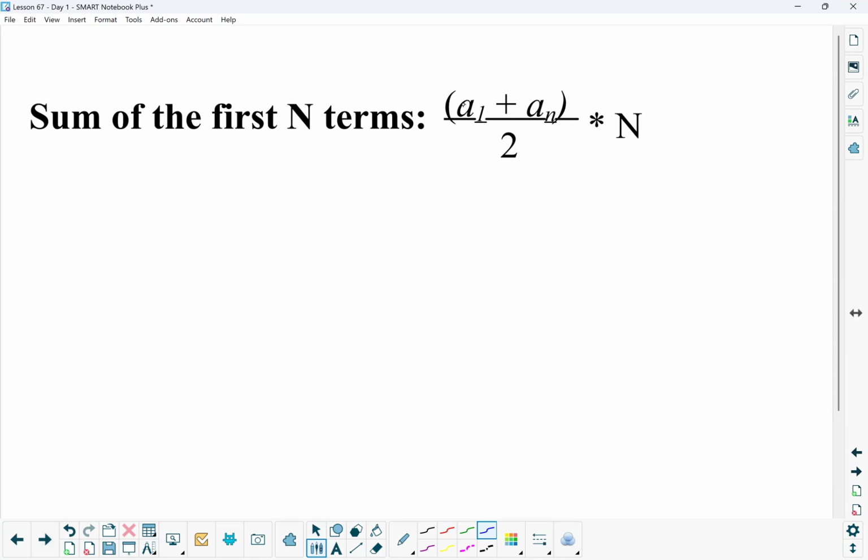If you take the first term plus the last term divided by 2, and then multiply that amount by the number of terms that we have, you'll get the sum of the first n terms. That formula is going to be very useful today and into the future of this unit.